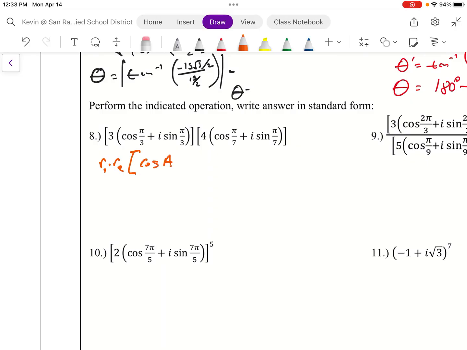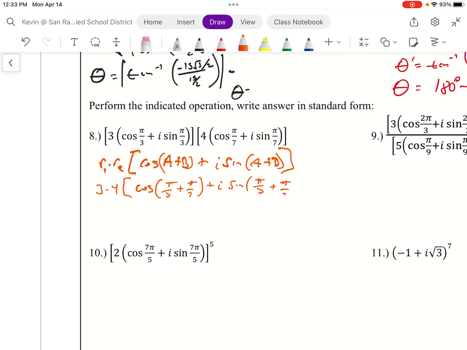Okay. So we're going to go r times r, and then it's going to be cosine of a plus b plus i sine of a plus b. All right, so 3 times 4, pi over 3 plus pi over 7.